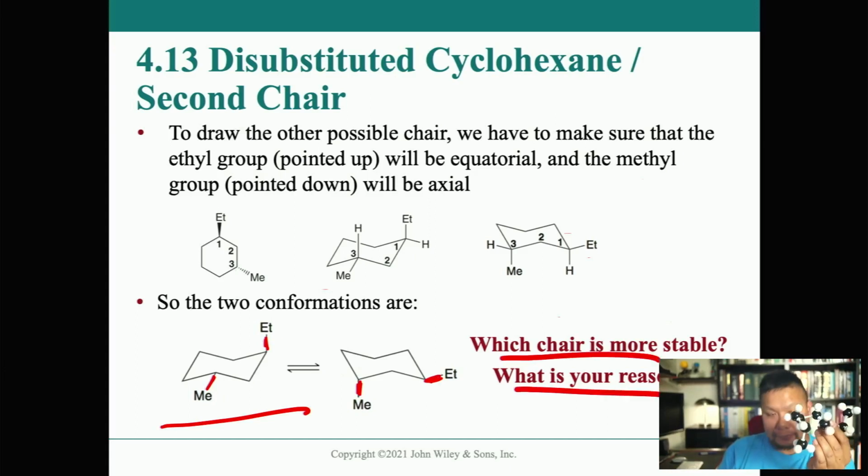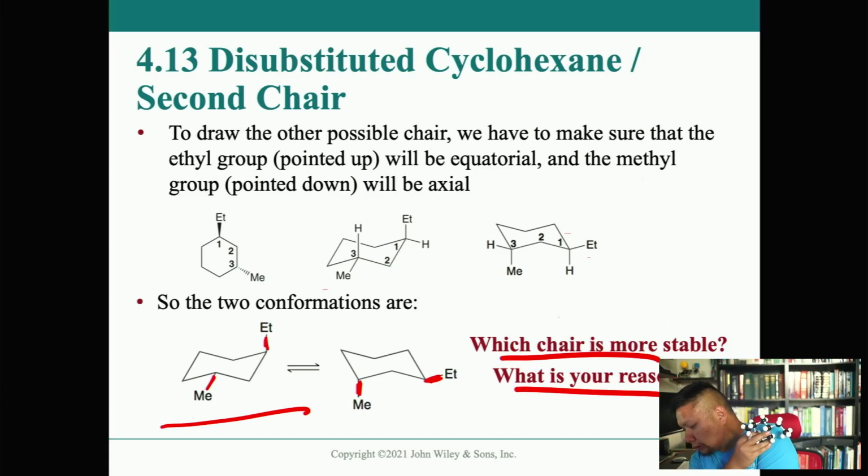Why? Well, remember from the previous slides that the substituents are more stable when they're in the equatorial mode, right? So that's one reason why. But then you can also look at a chart in your textbook on page 172, and it shows you a chart of diaxial interactions, right?